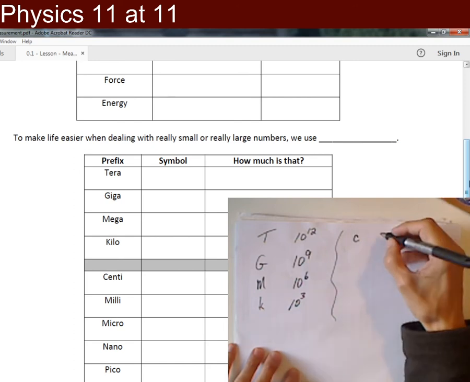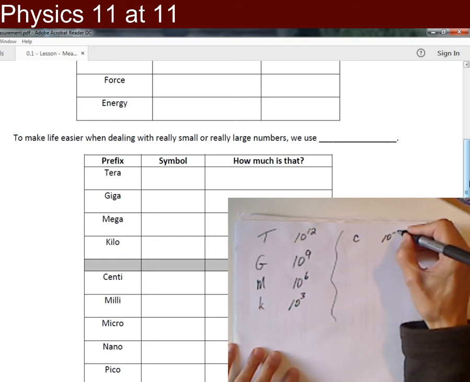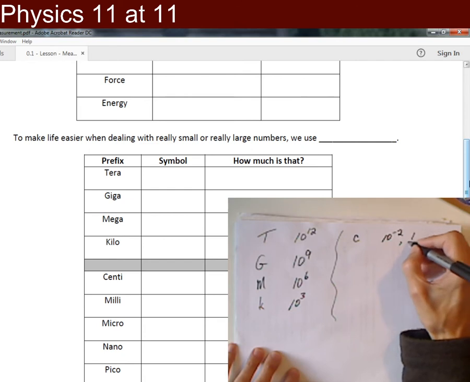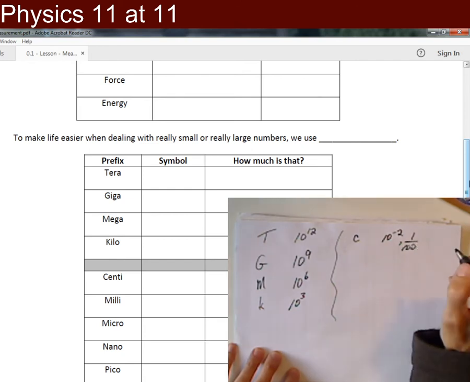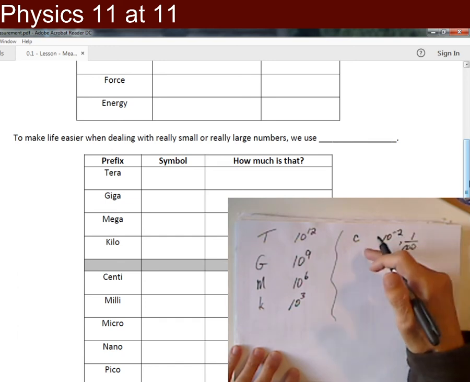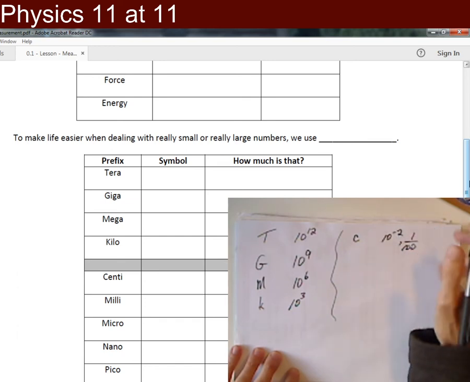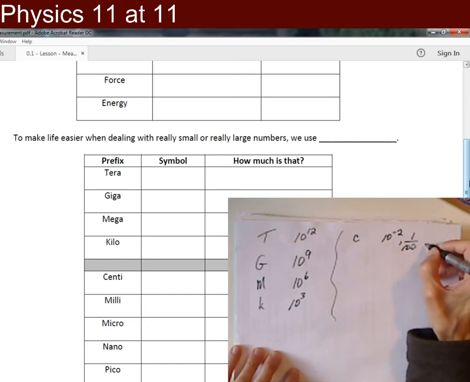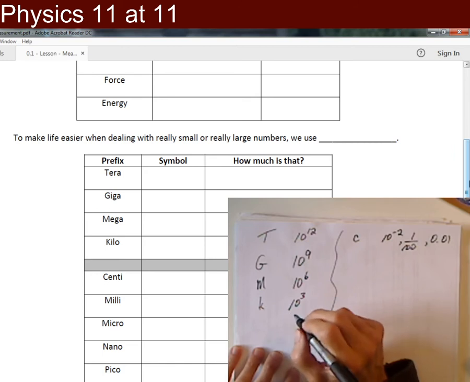But number-wise, how much is this? To keep with the exponents, it's 10 to the negative 2. Or as you know, there's 100 centimeters in a meter, so 1 centimeter is 1/100th of a meter. So centi means 100th. Then as a decimal, 0.01 like that.